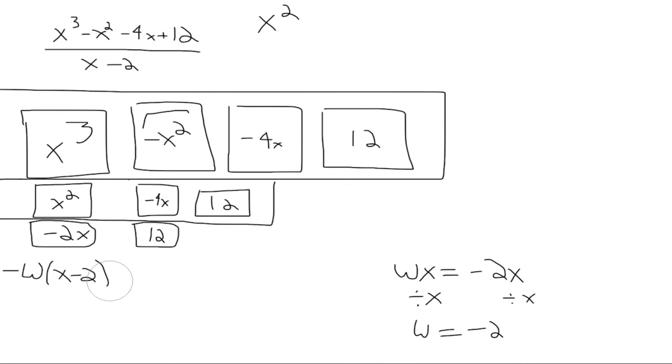So that means we're subtracting negative 2 times x minus 2. w is negative 2, so we're subtracting w times x minus 2, which is subtracting negative 2 times x minus 2.